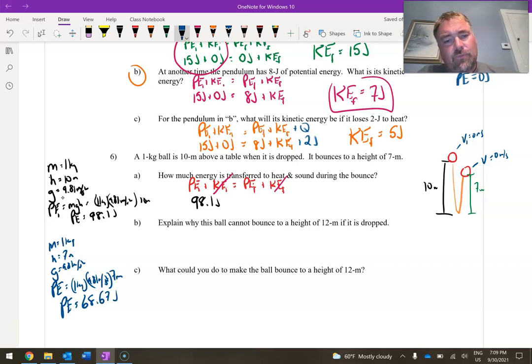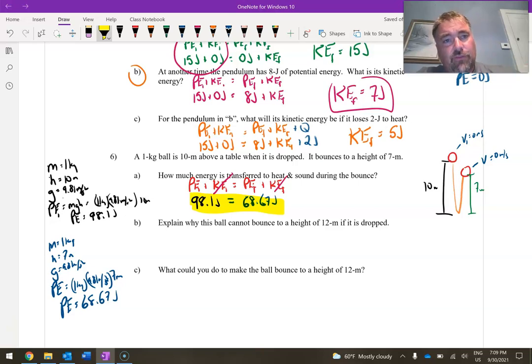Okay, so when this comes back up, that's going to have to equal 68.67 joules. Now we already know our kinetic energy initial and kinetic energy final are 0, but I look at this and I'll highlight it. This is not a true statement. Our potential energy initial is not equal to our potential energy final.